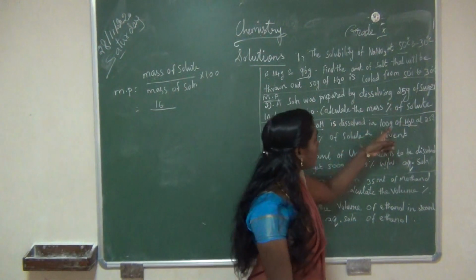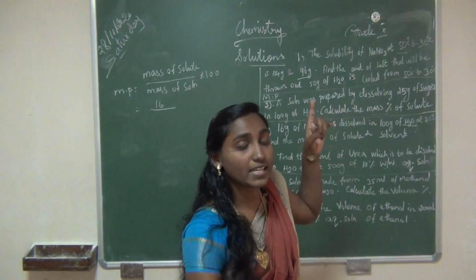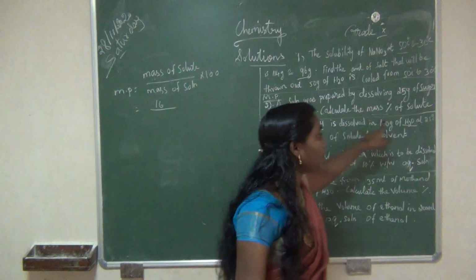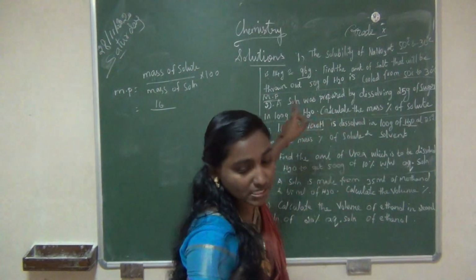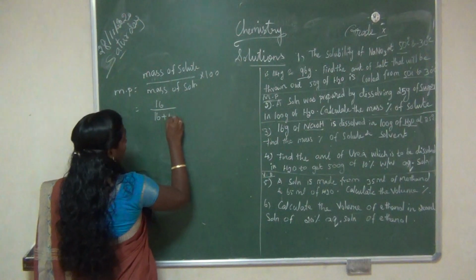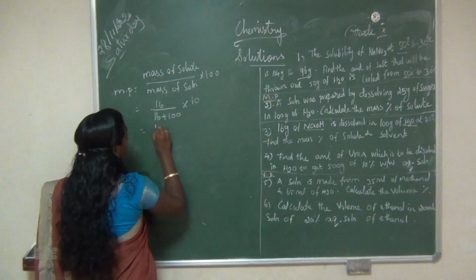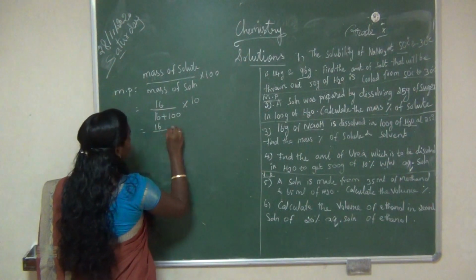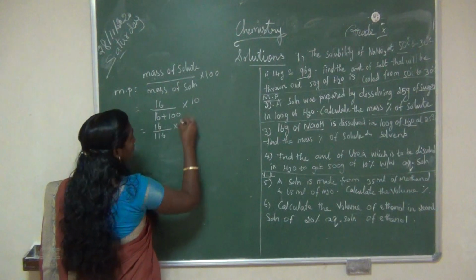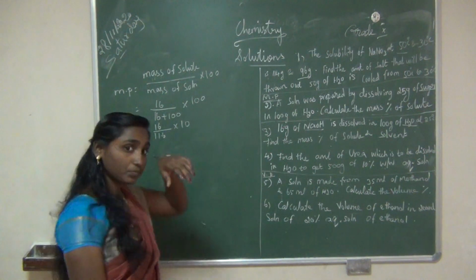Mass of solution how much? We know solution means it contains solute and solvent, right? So 16 plus 100, into 100. That is 116 into 100.